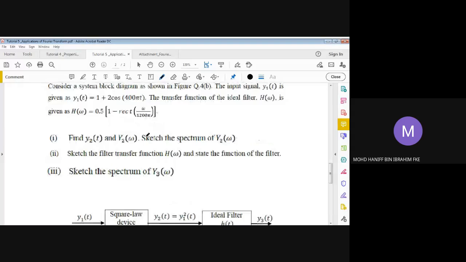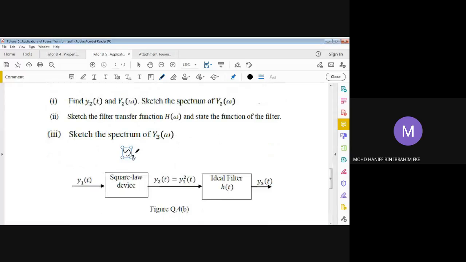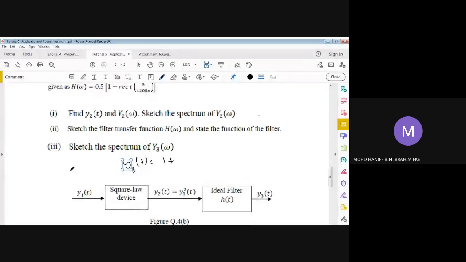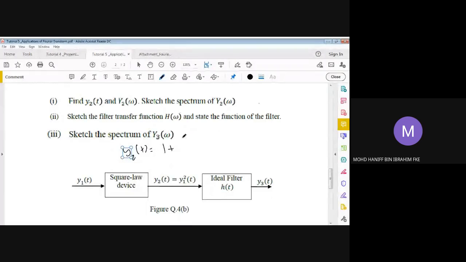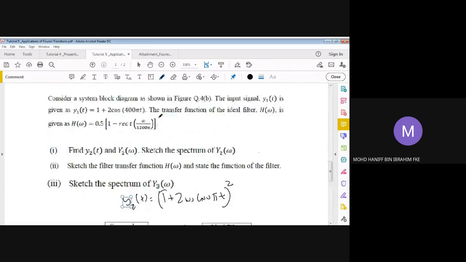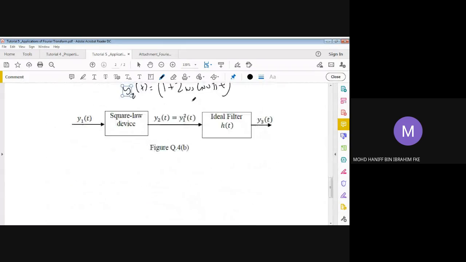So basically you can write that y2(t) will be equal to (1 plus 2 cos 400 pi t) squared. So you have to square this value.